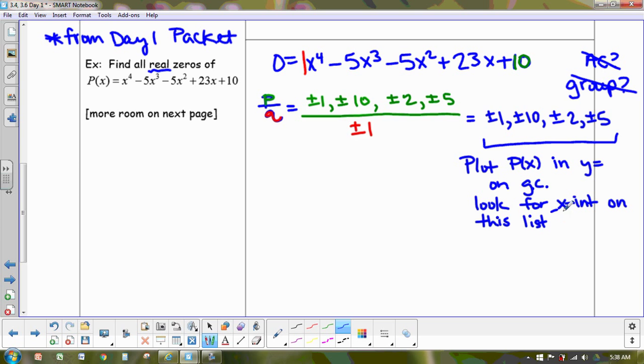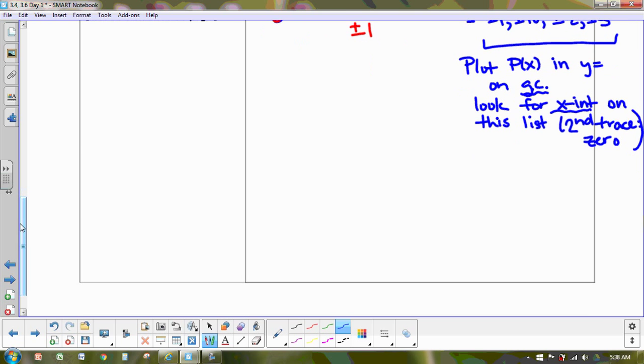And if you're trying to find x-intercepts on your graphing calculator, you do second trace, and it asks you about finding zeros. Okay, so you do all of that, and you should be coming up with a couple of different options. You should see that -2 and +5 work.